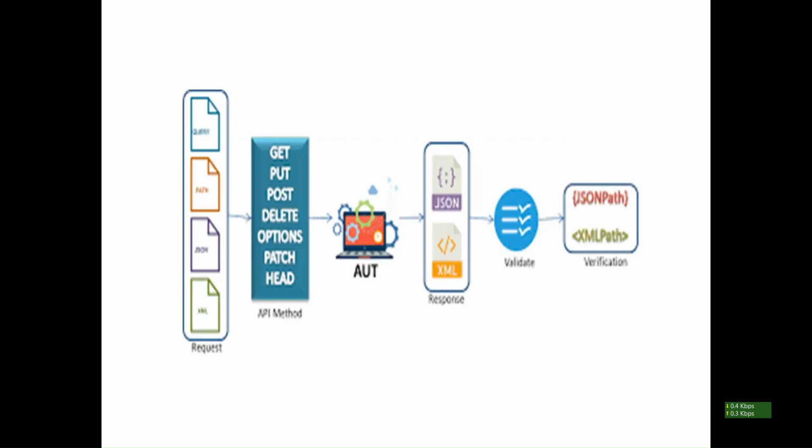Now, how do we test the API? We send a request, either through JSON, XML, or using a query. We send the request with any one of the HTTP methods, get, post, put, delete, and we test the application under test. We extract the response for this request.